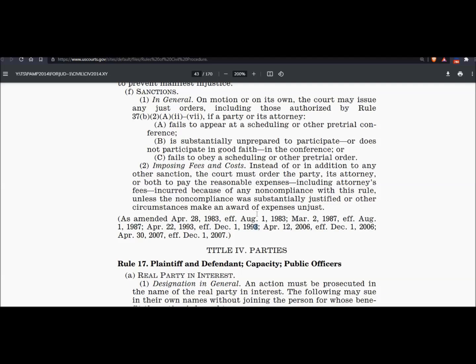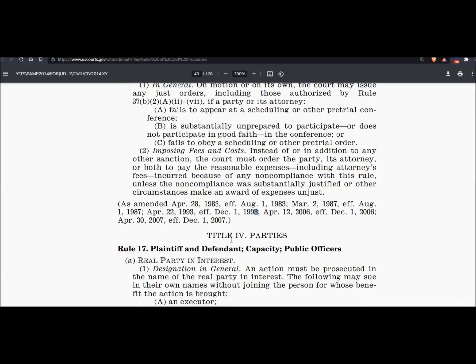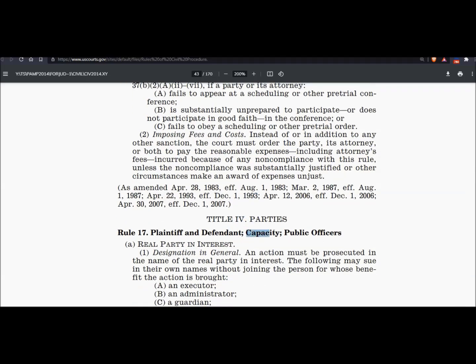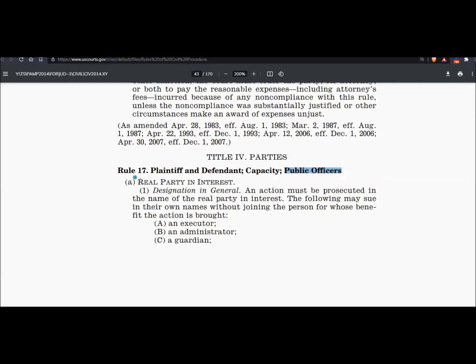And if you really want to do that right, these basics must be done. Plaintiff and defendant, capacity, public officers, real party in interest, an action, any action. Remember, these rules apply to things you do outside and inside that court venue.